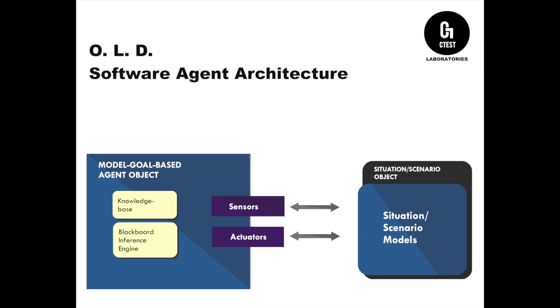And so if the robot is doing a lab experiment, we've modeled that lab procedure, we've modeled the lab report, we've modeled the lab environment, and all of those models go into the situation or the scenario object, okay? And when we construct that agent object, the constructor accepts a pointer to that situation, okay? So they go hand in hand, right?